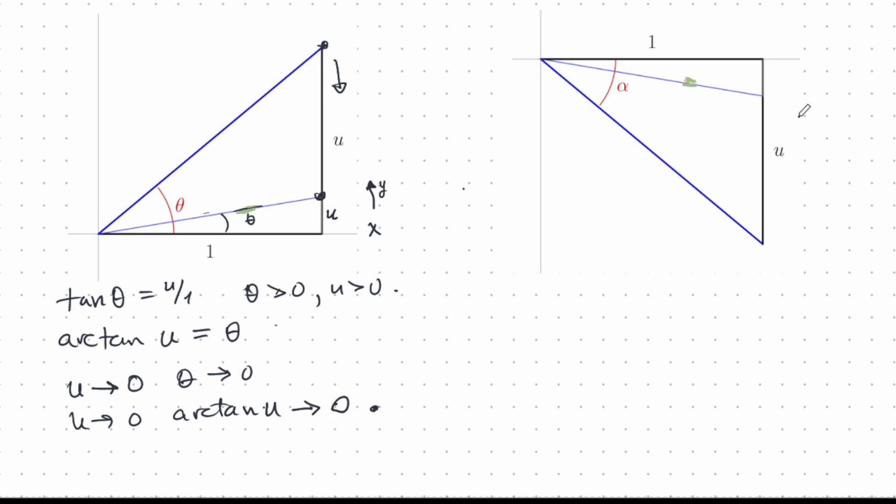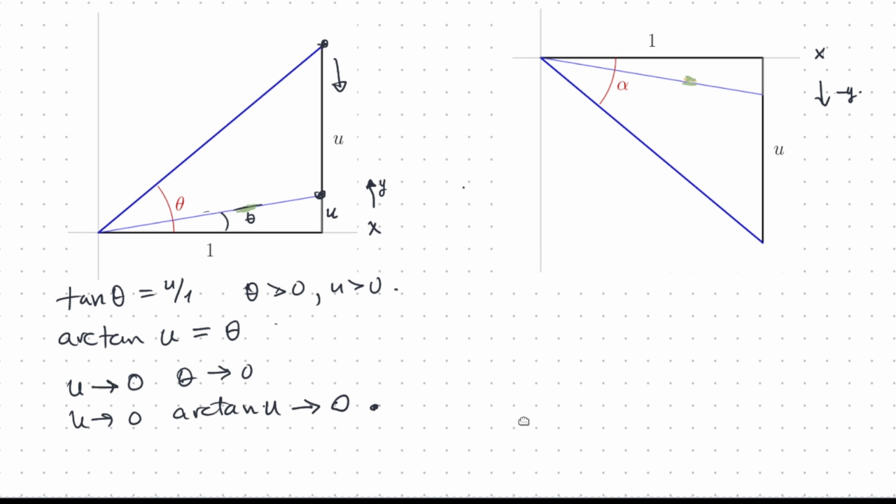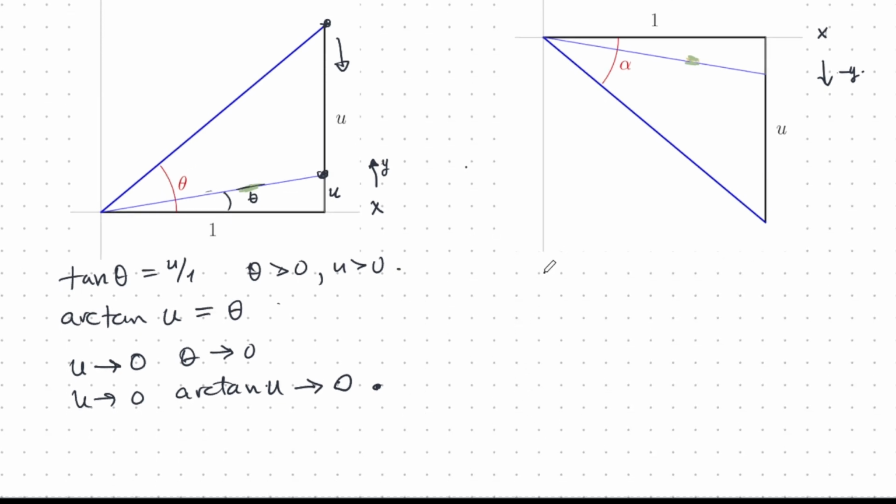So now let's look at the fourth quadrant. Now this is a bit different. Here's my x-axis. This is the negative y direction, so my u here is less than 0. So let's figure this out. What's tan of alpha?